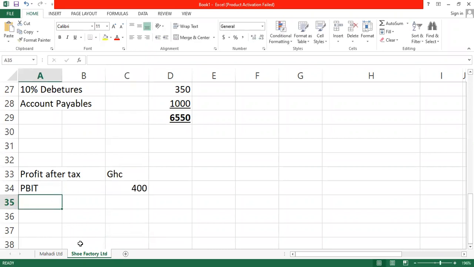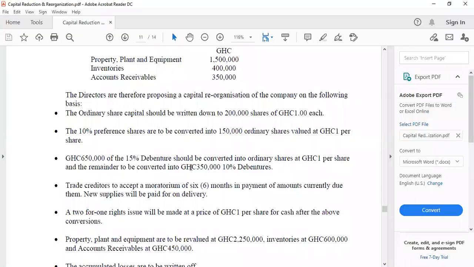All right. So what will happen? After making the profit, we are going to pay interest. Are we going to pay any interest? Yes, the debenture. The debenture will now be 10% on which amount? 350,000. So 0.1 times 350. That will give us how much?